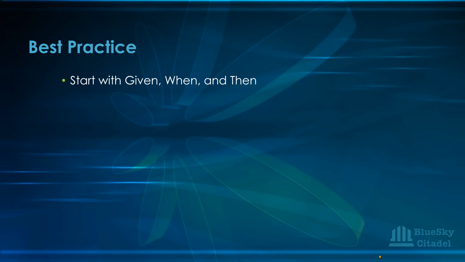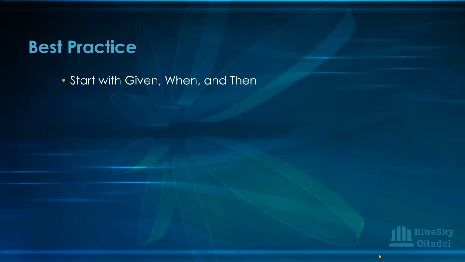Let me just clarify this a bit further. When I say start with given, followed by when and then, it's not just start with given and jump into when. If you have another level of precondition, you can add it in there, just like I showed in the example earlier. So given, and.